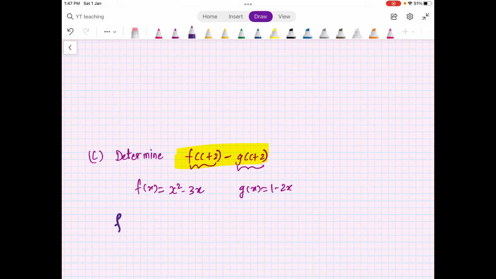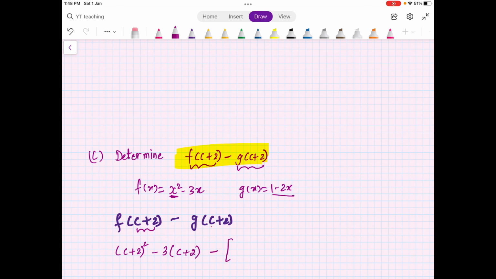So f of c plus 2 minus g of c plus 2, what is that going to be? Here you will put c plus 2 in place of the input. So here you will put (c plus 2) square minus 3 times (c plus 2), then minus, here you'll put c plus 2 in place of x. So this is 1 minus 2 times (c plus 2), right?